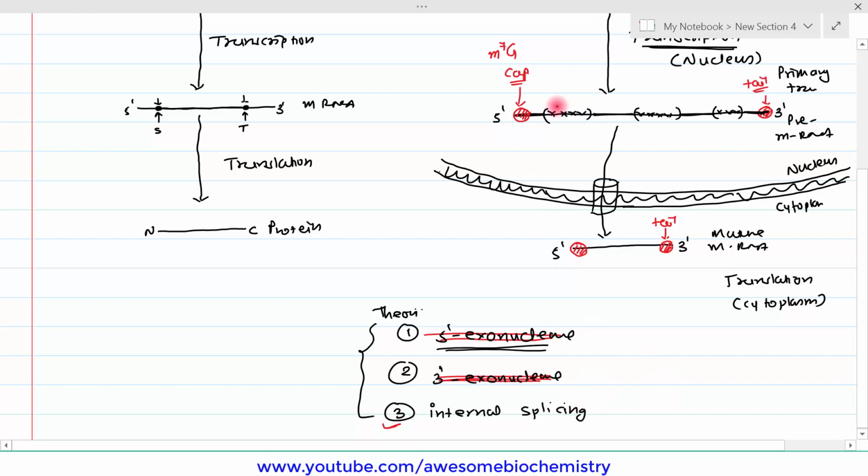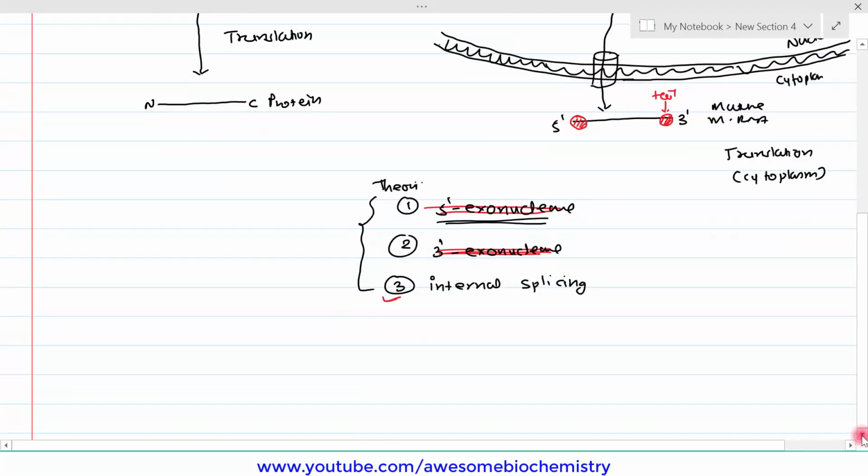This internal splicing means that some of the internal sequences are getting destroyed before transporting this pre-mRNA to the cytoplasm as mRNA. Earlier in history, this theory was considered a bizarre theory. No one believed that internal sequences randomly get removed.